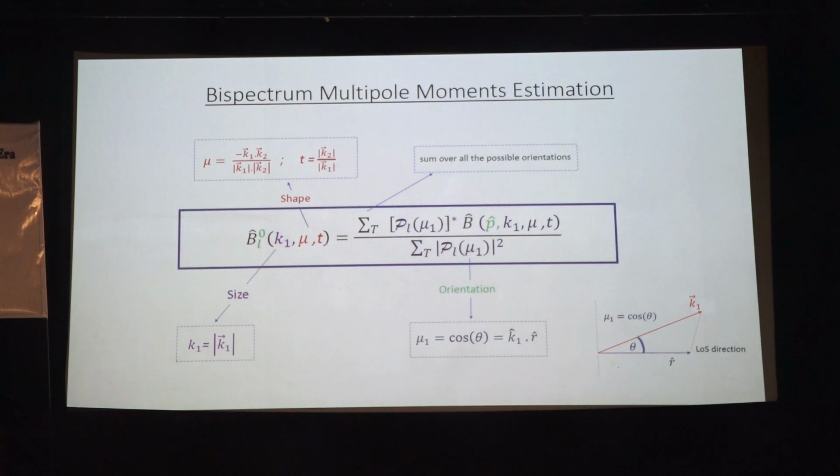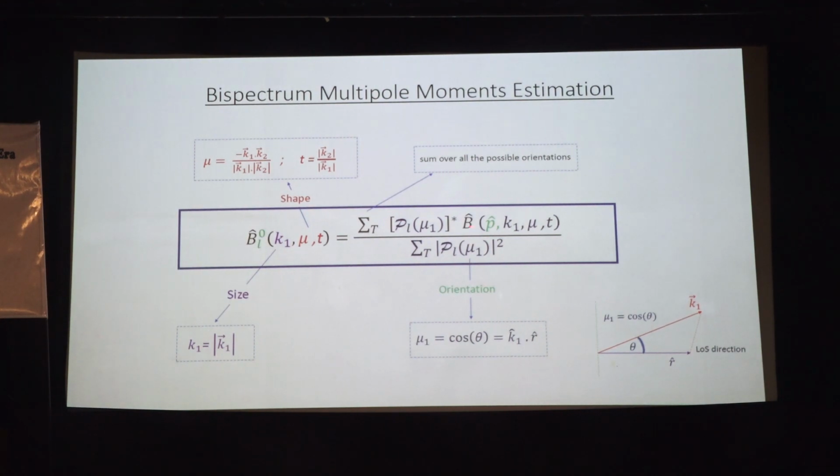So how have I done this? The bispectrum can be decomposed into spherical harmonics. For m equal to 0, the spherical harmonics just boil down to the Legendre polynomial. So we can find these multipole moments corresponding to m equal to 0 as this.